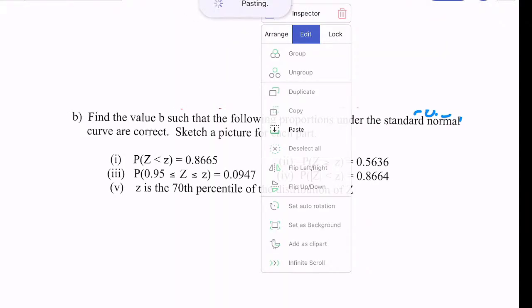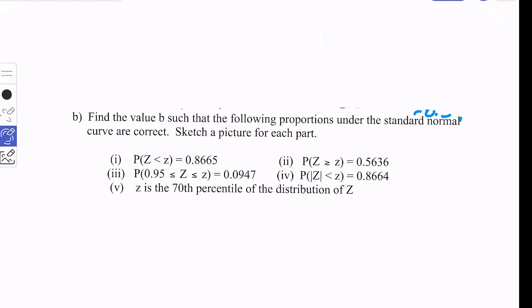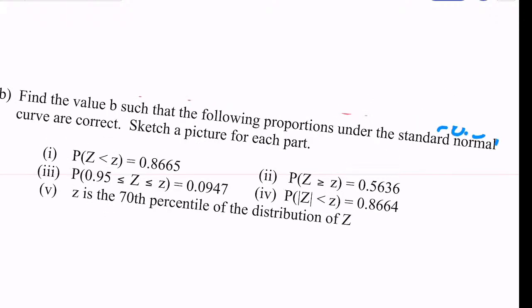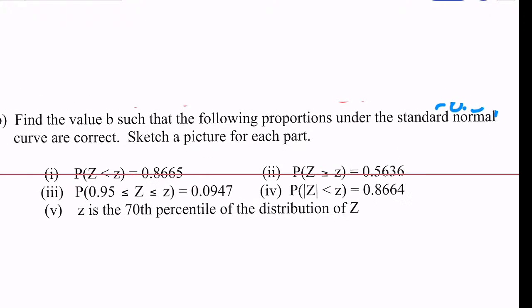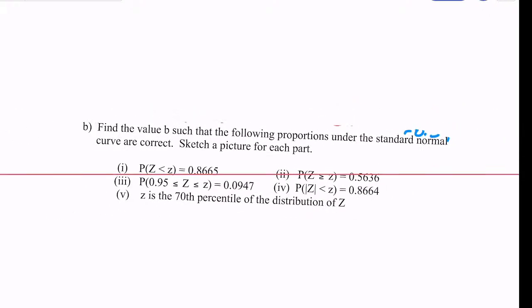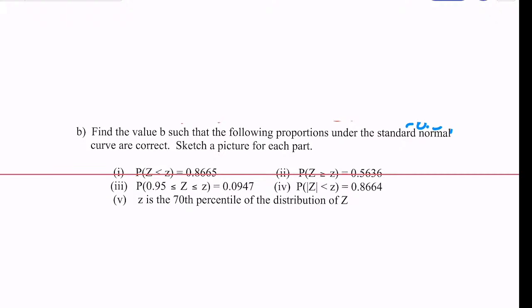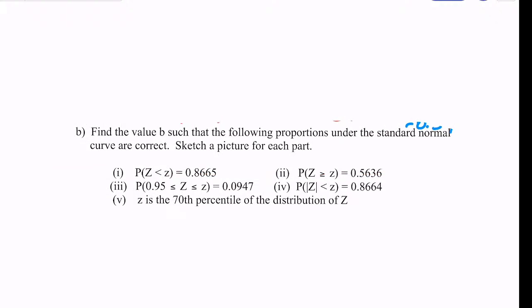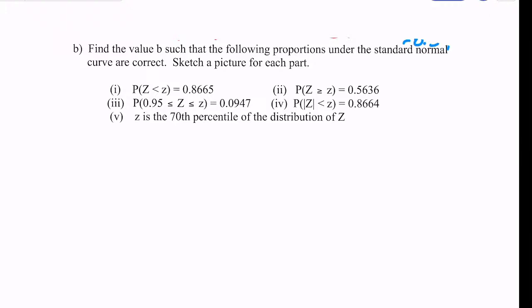So this is what we want to solve next. That's the standard normal. I'll leave it like that. I don't know why it says B, but it should be a Z.